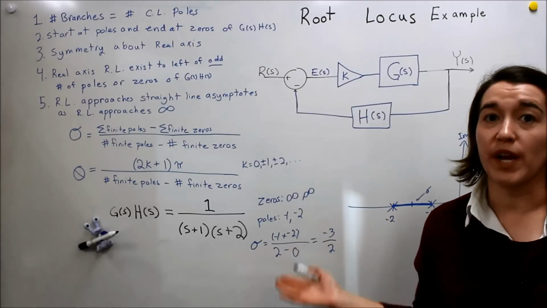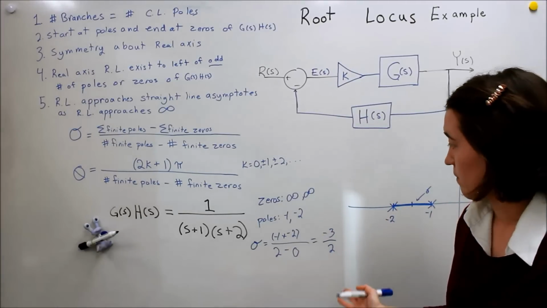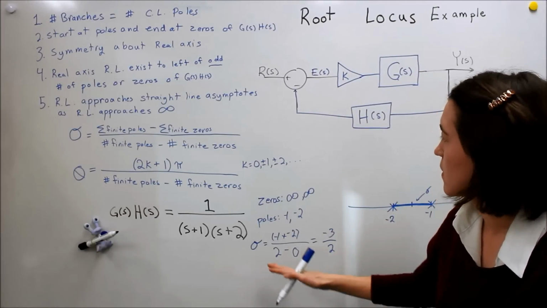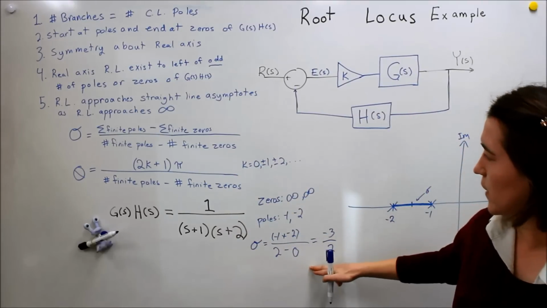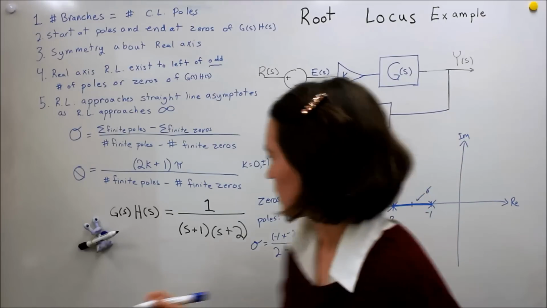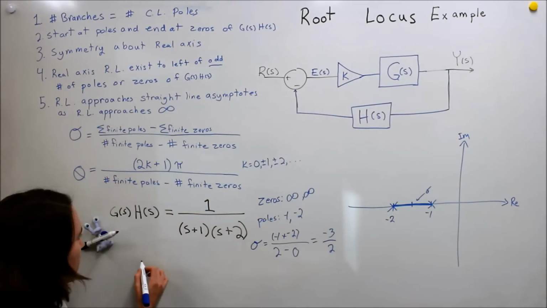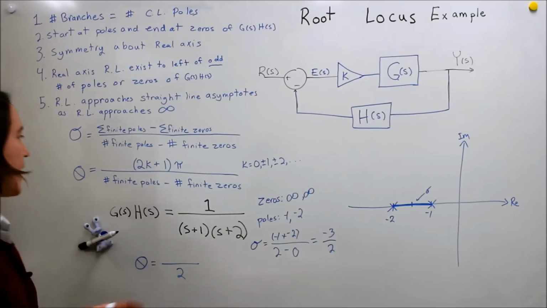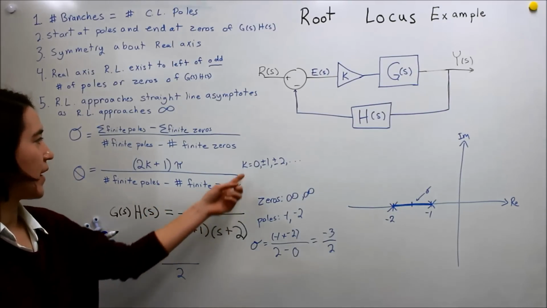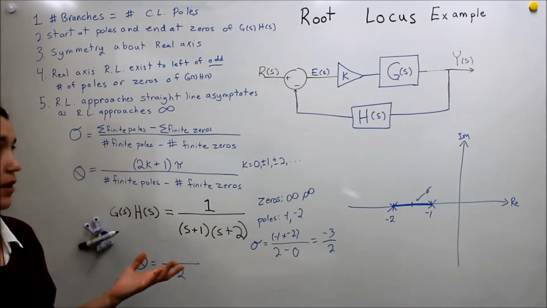And now we have to figure out what angle they're going to branch out in. So now we apply this rule. We know we have a 2 on the bottom because we already calculated that. So our theta will have a 2 on the bottom, and we plug in some values of k to figure out the angles.